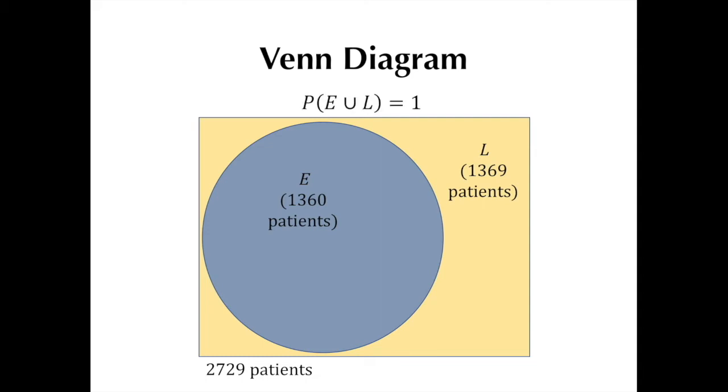The union of these two groups will then actually be the whole set of 2,729 patients. Note that there is no overlap whatsoever, which points to the mutual exclusivity of the two groups. Similarly, the probability of the eplerenone group is complementary to that of the placebo group. I will be defining what complementary events are in a bit.